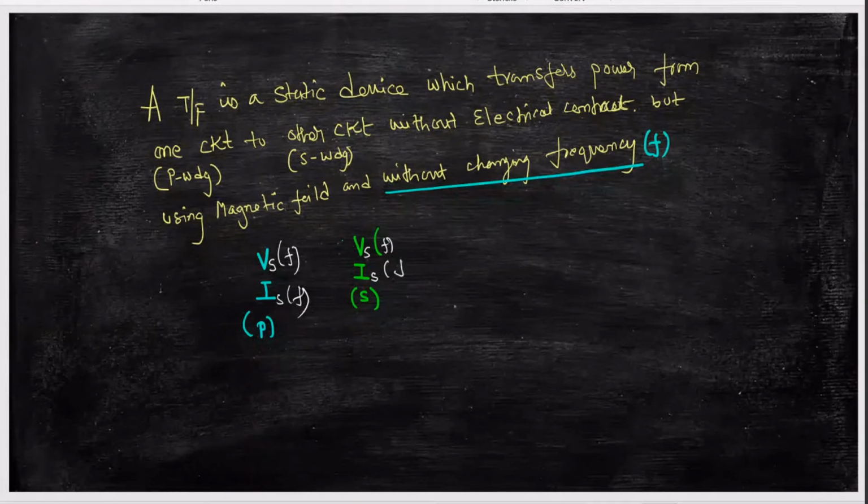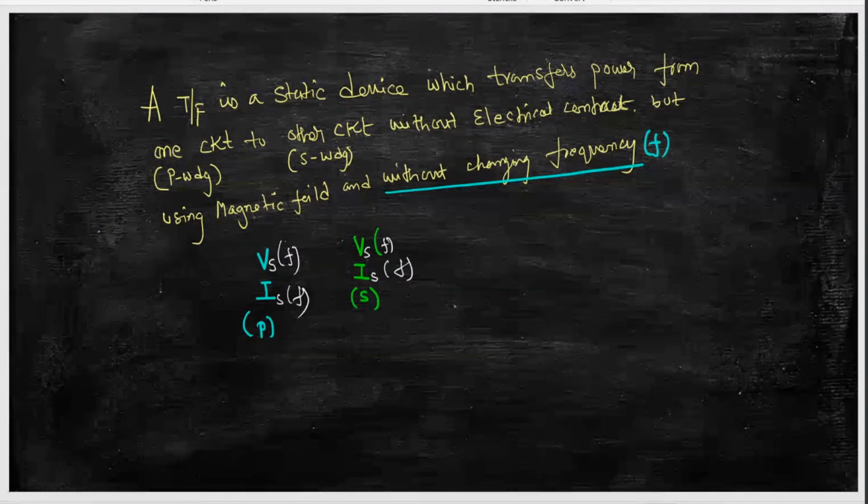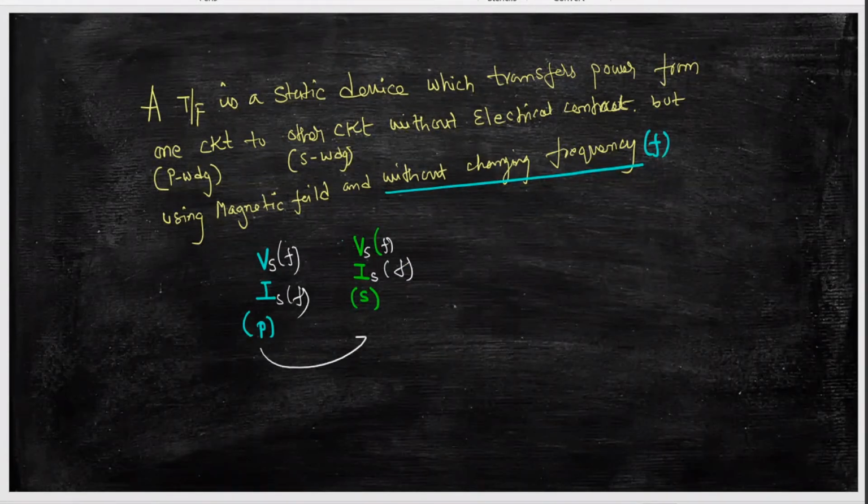Now see here, in these 4 parameters, the same f continues from primary side to secondary side. That means f is not changed.